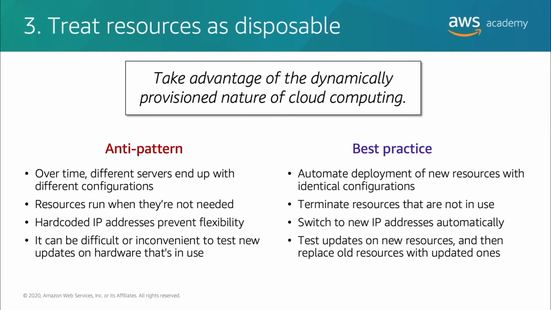The third best practice is to treat your resources as disposable. Before virtualization and cloud computing, adding new hardware meant adding a new physical resource. With this model, it's easy to buy more specific components than you need to prepare for spikes in usage. Provisioning for peak usage is expensive and inflexible.